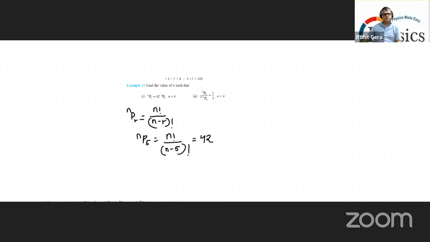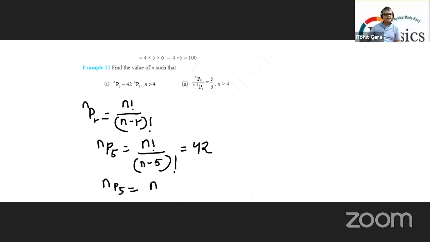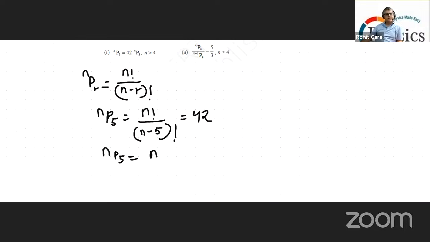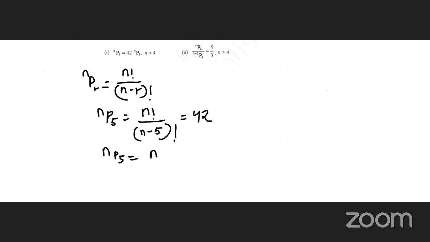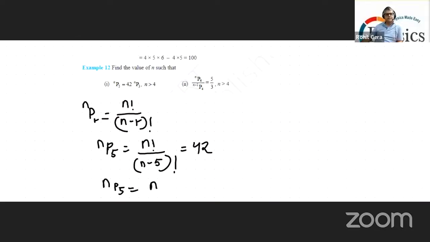We can break n factorial too, right? I think it is nP4, and the right side is nP3. Okay, so you can expand nP5 over nP3, which equals 42.